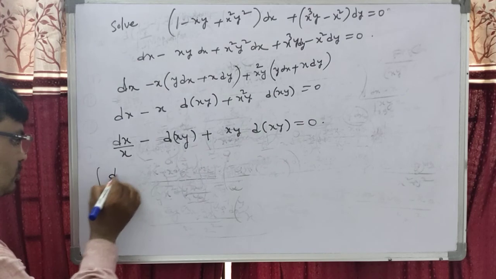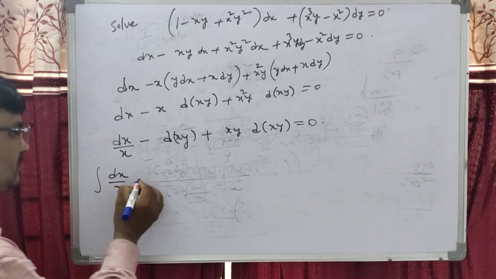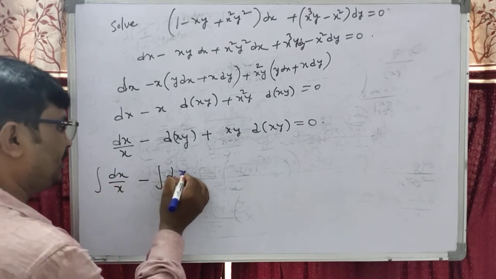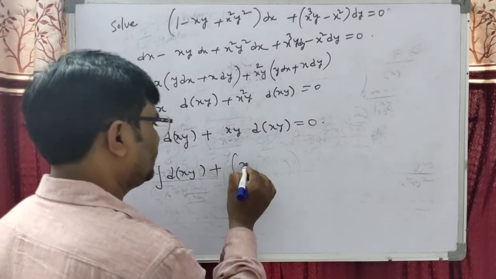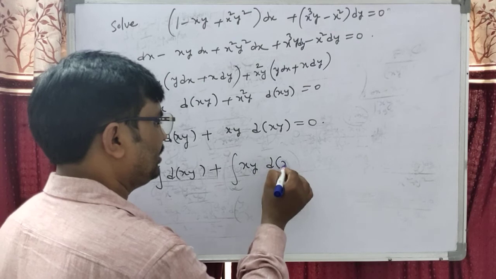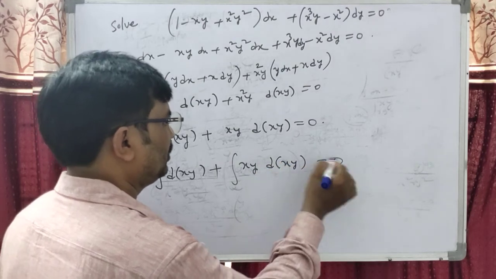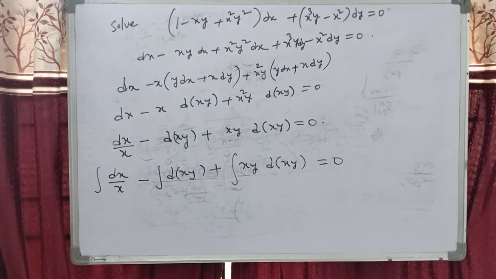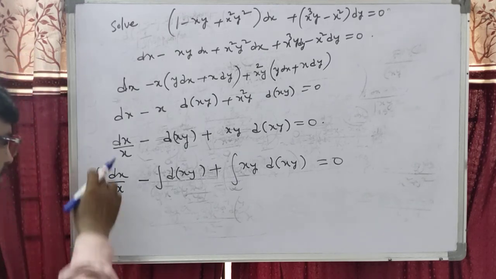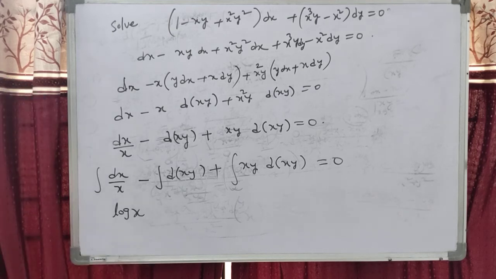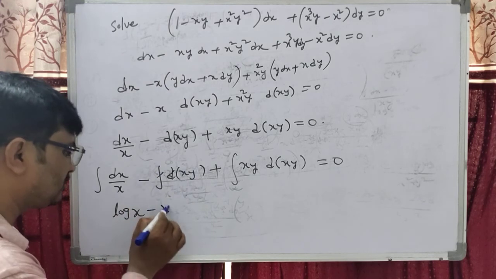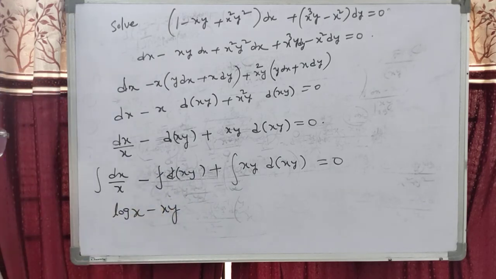Now applying integrals on both sides: the integral of dx by x minus the integral of the derivative of xy, plus xy into the derivative of xy. Everybody knows that the integral of 1 by x is log mod of x. The derivative and integral cancel, this is minus xy.